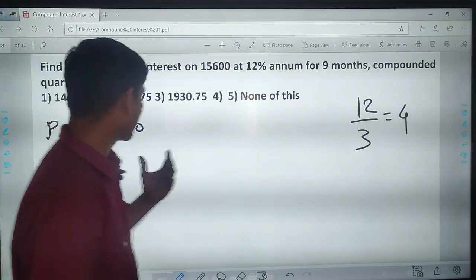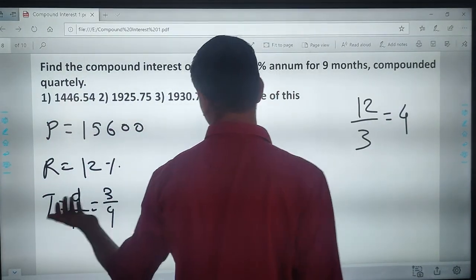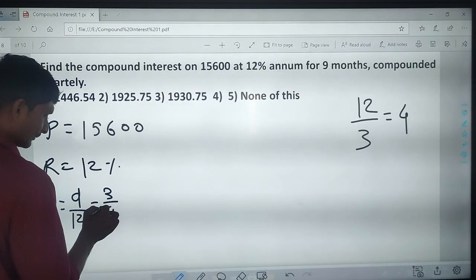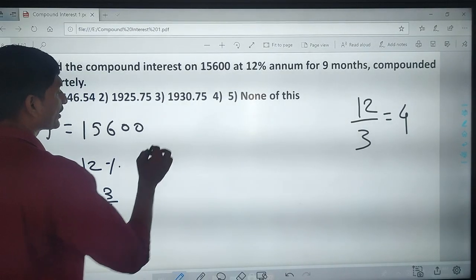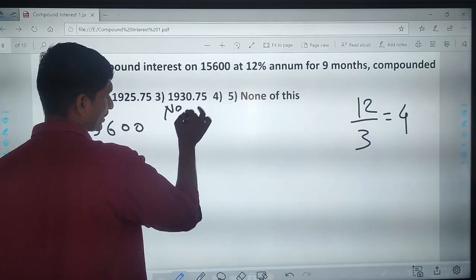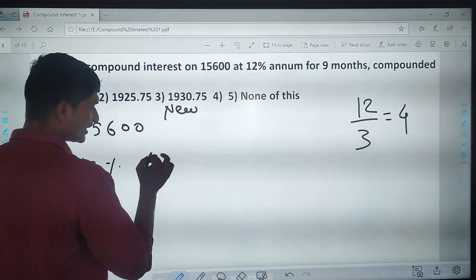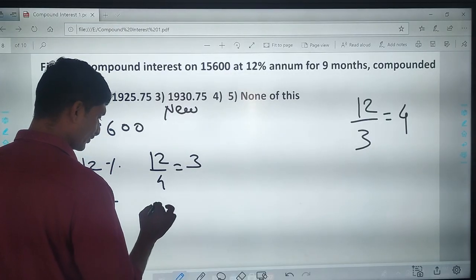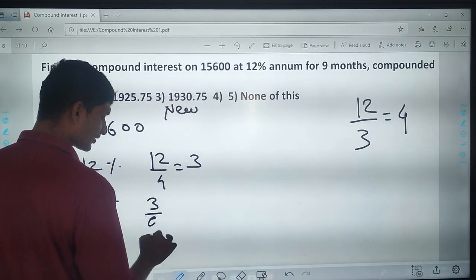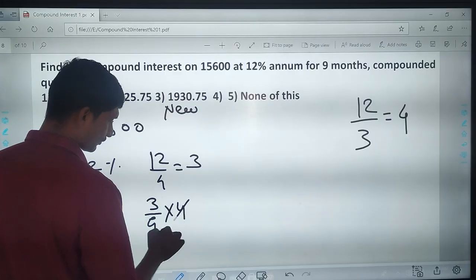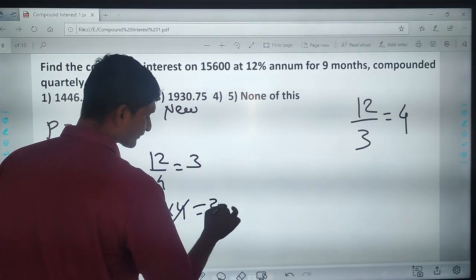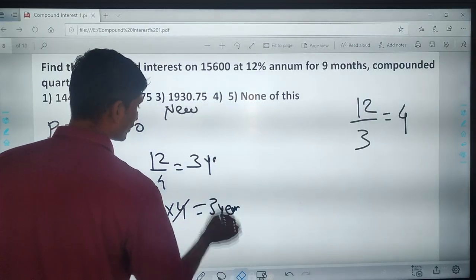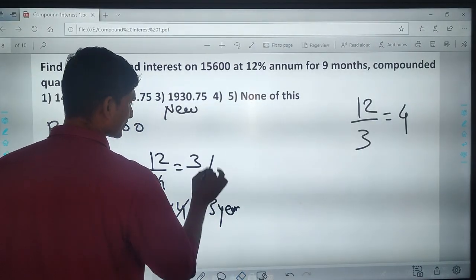Here we divide the rate by 4 and multiply time by 4. Now here your new rate is 12 upon 4, that is 3, and your new time is 3/4 into 4. 4 gets cancelled. 3 years. And interest rate is 3%.